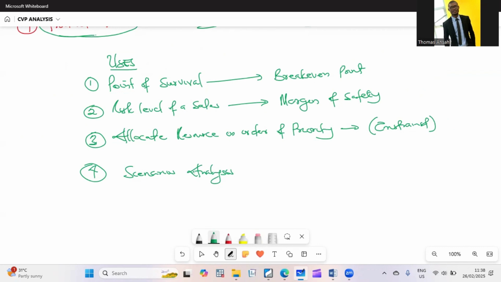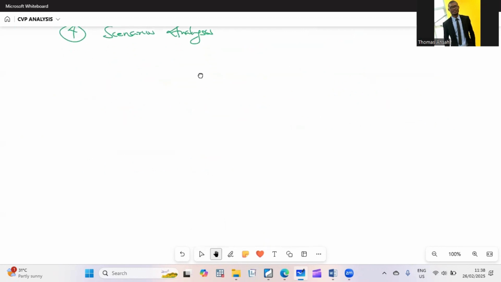Now we're going to look at CVP in a single product environment, whereby only one product is made. Then we will look at CVP analysis when multi-production is done. So now let's go into the real deal of the mathematics.